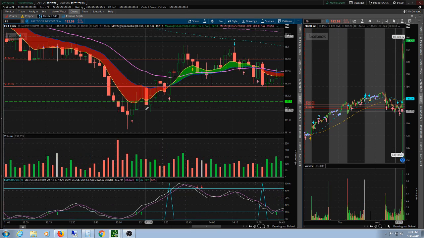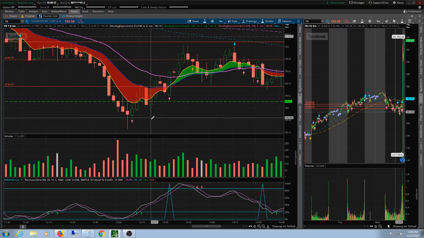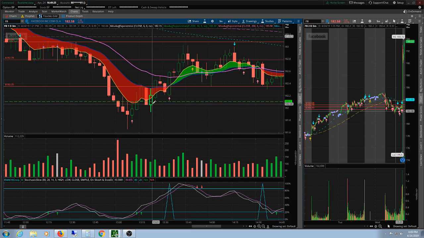So I got in right after the open of this candle. Again, risky getting in after a big red candle, but I figured my stop was going to be down here, and it was a paper trade. I know I shouldn't do it with a paper trade. I should trade it like it's real money, but I just wanted to see what would happen, and I actually did stop out of this one.